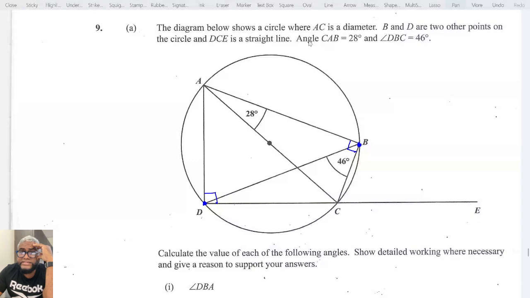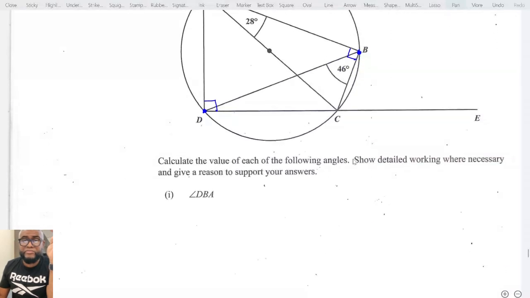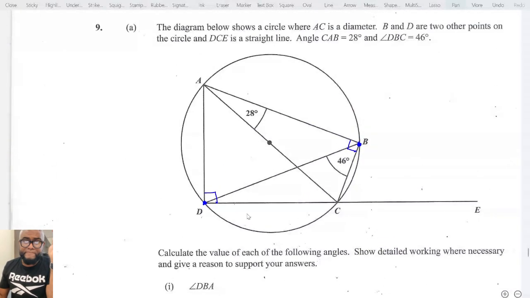Then they say angle CAB is 28 degrees and angle D to B to C is 46, right? Now, they say calculate the value of each of the following angles, show detailed workings when necessary, and give a reason to support your answer. So, DBA, let's work. What is DBA?